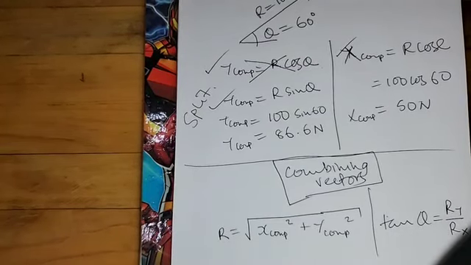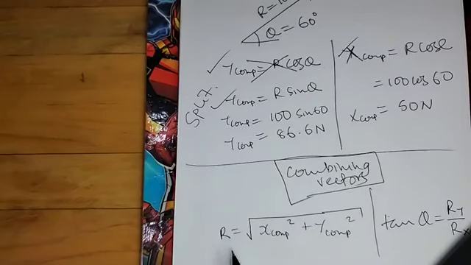So these are the two formulas that we use. Remember, we are looking for a vector, and the vector is supposed to have both a resultant and an angle. So the resultant, if you've been given components, is this. The angle, if you've been given components, is this.